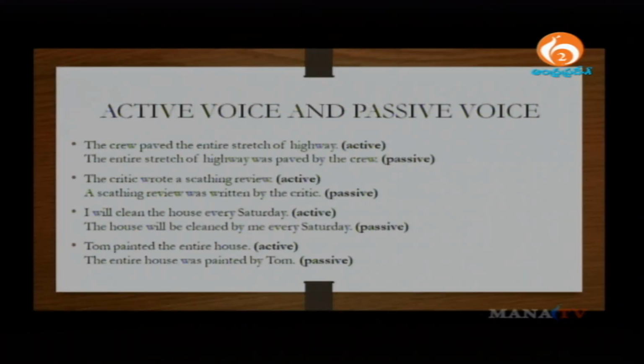All right, so let us see another set of active voices and passive voices. The crew paved the entire stretch of highway. Active voice. The entire stretch of highway was paved by the crew.